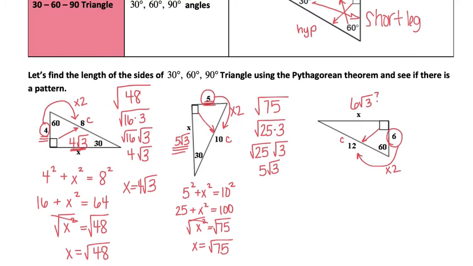Let's find out. So we've got 6 squared plus x squared equals 12 squared. 6 squared is 36 plus x squared equals, and then 12 squared is 144.